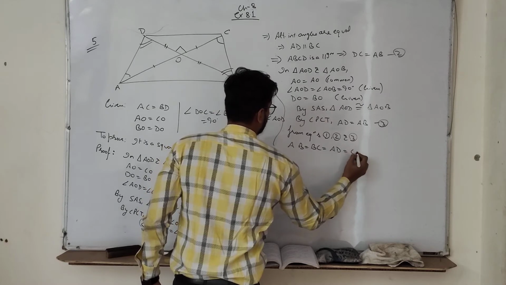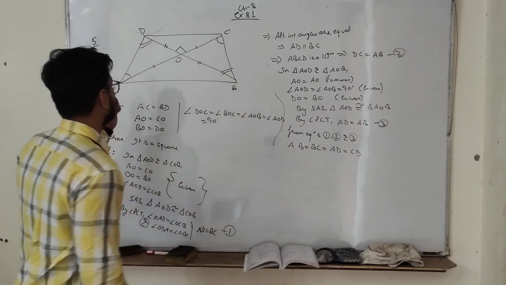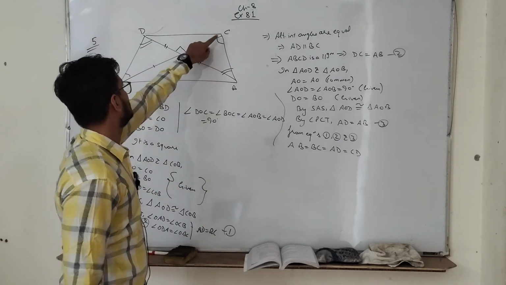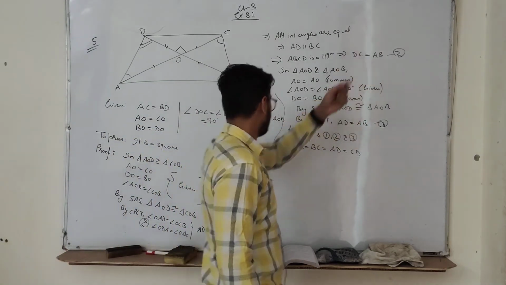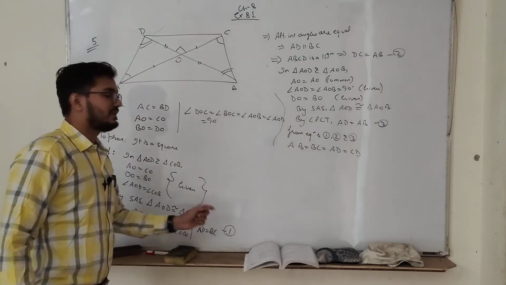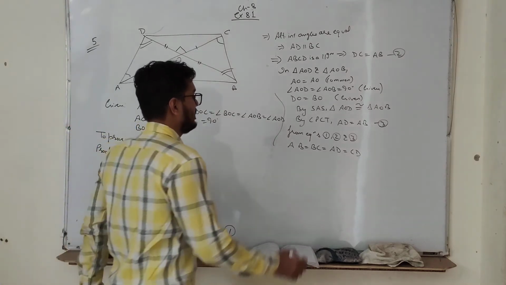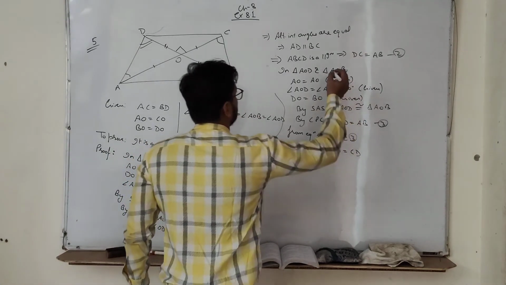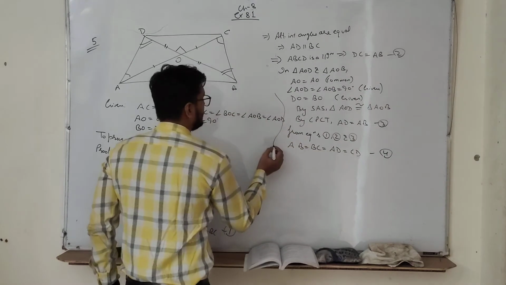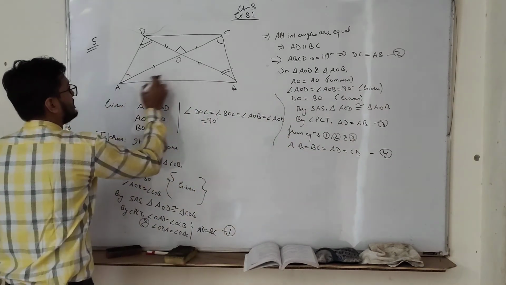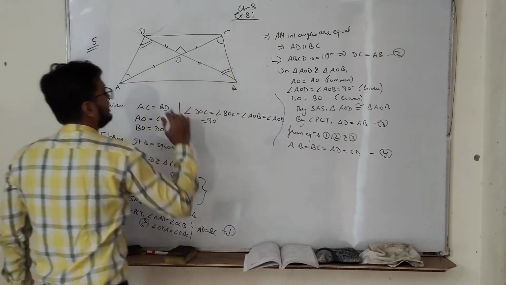All four sides are equal. Because AB is equal to AD, AB is equal to DC, and AD is equal to BC, so all four sides are equal to each other. Now let this be the fourth equation. Now what we have to do? We have to make these two angles 90 degree.